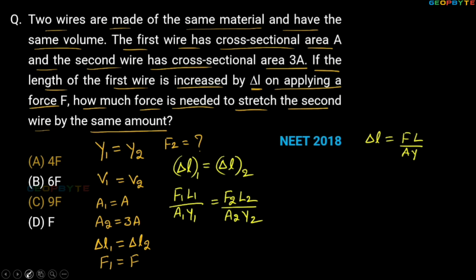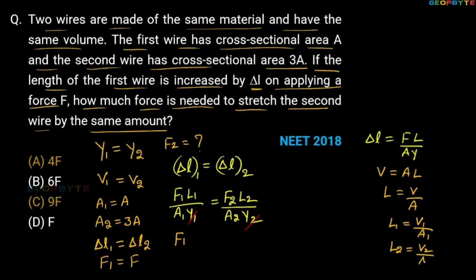Here I can cancel Y1 and Y2 because Y1 equals Y2. As you know, volume V equals area multiplied by length. From this, length equals volume by area. L1 equals V1 by A1 and L2 equals V2 by A2.